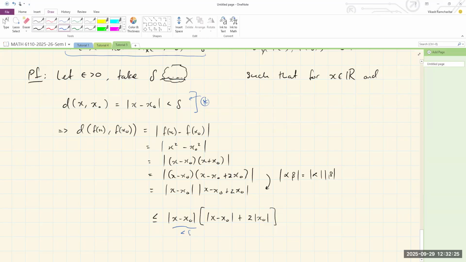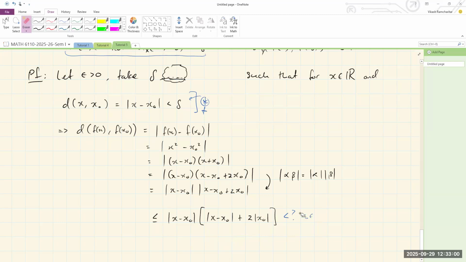This guy here is less than delta, by assumption. That's what I have, so that's good. The problem is this guy. This guy here is not necessarily bounded, because if x0 is any real number, then I could just take x0 to be arbitrarily large. And then I can't bound this by anything because I can make this arbitrarily large.